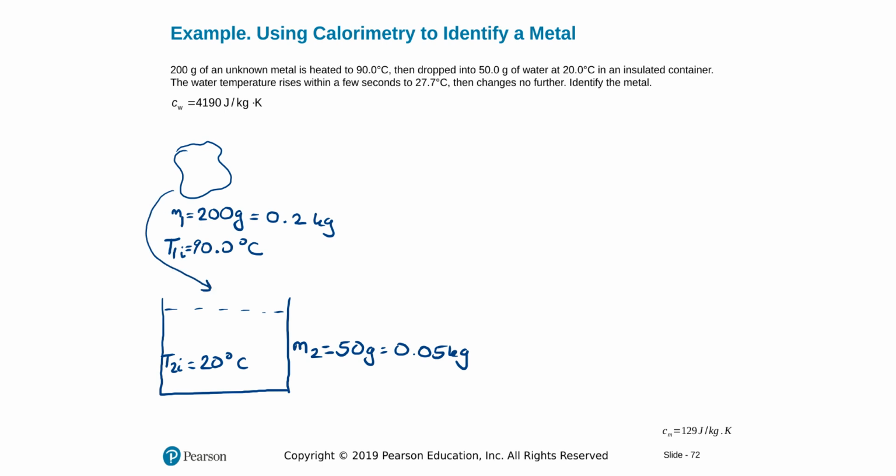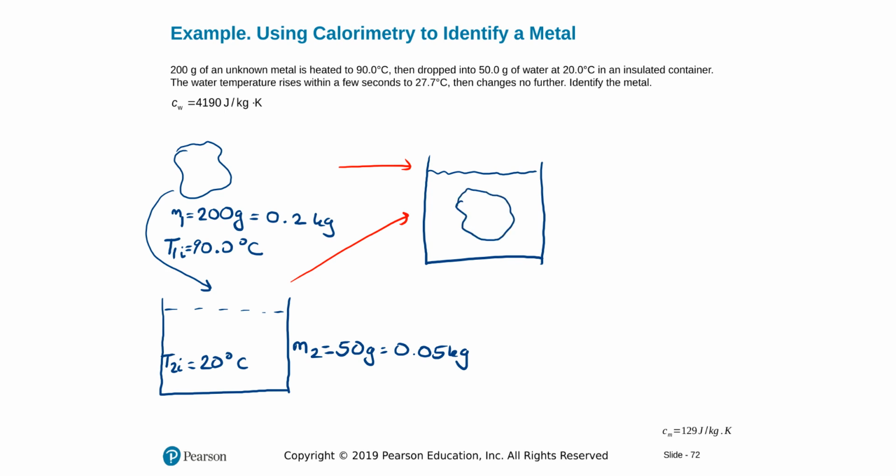Let's visualize that again in a different picture here. So we had initial situation like that. Now we drop our metal object into the water. M1 is here now, M2 is out there, and they reach a final temperature.